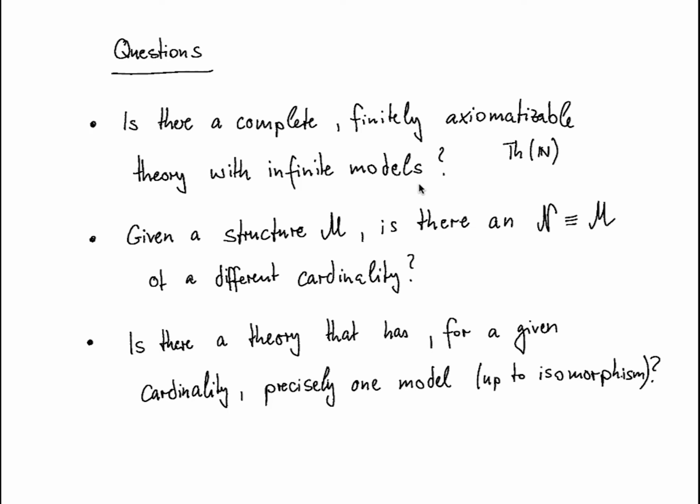The answer turns out to be no. But we could ask, are there other theories where we can just take a finite number of axioms and get a complete theory? And this will indeed be the case, and we will see an important example of such a theory: that of dense linear orders.